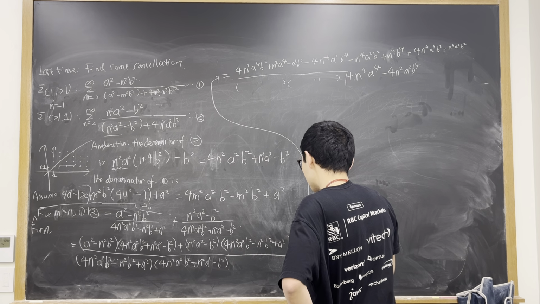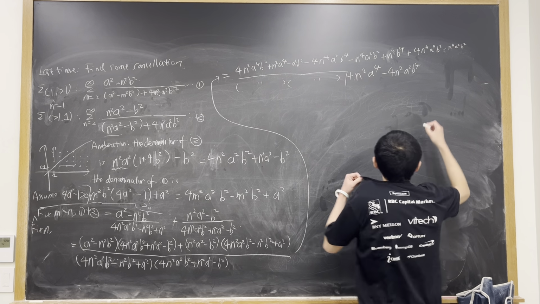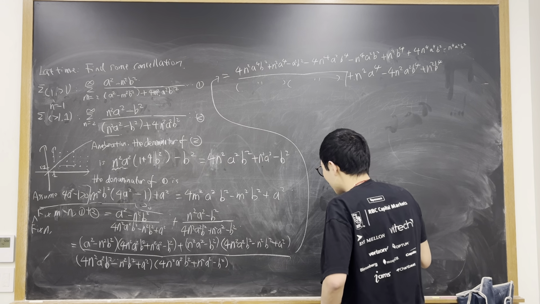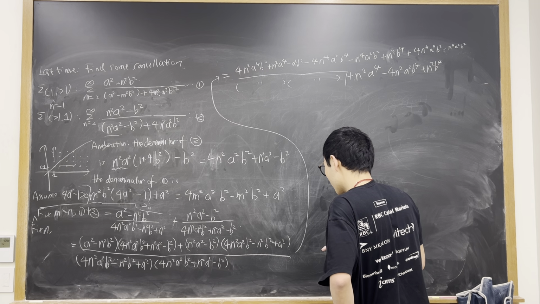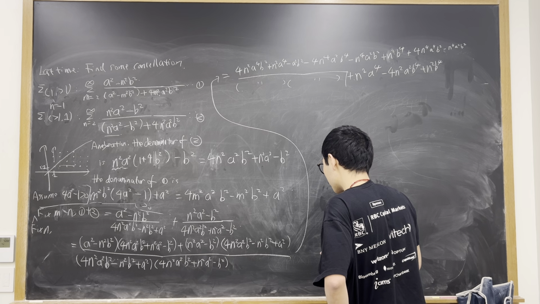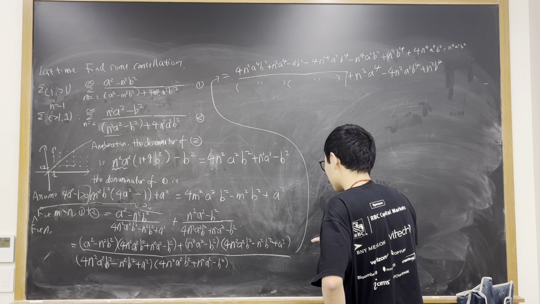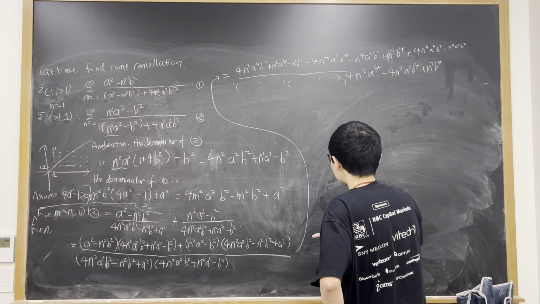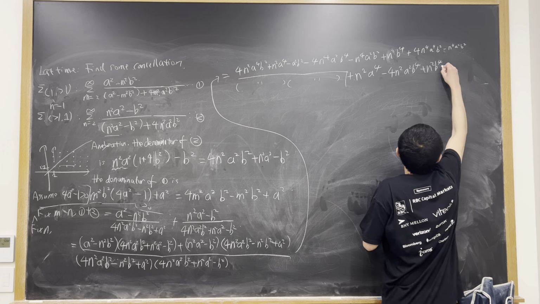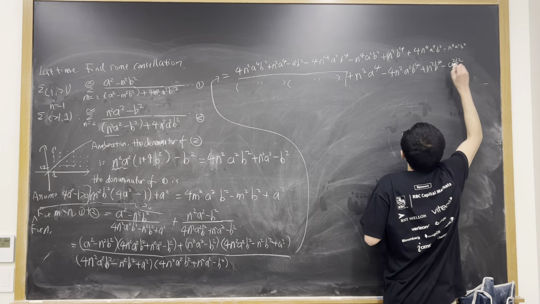And then it should be a plus n squared b to the fourth power, and then minus a squared b squared.